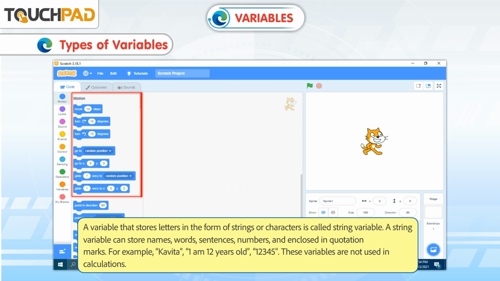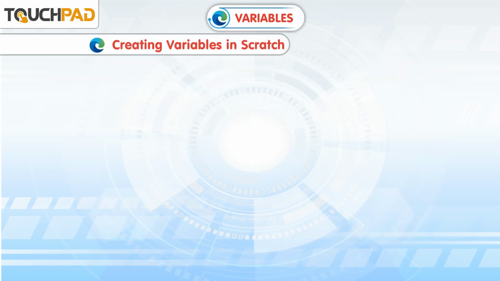A string variable can store names, words, sentences, numbers, and enclosed in quotation marks. For example, "Kavita", "I am 12 years old", "12345". These variables are not used in calculations.